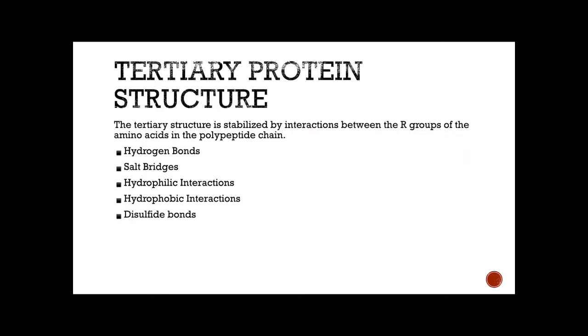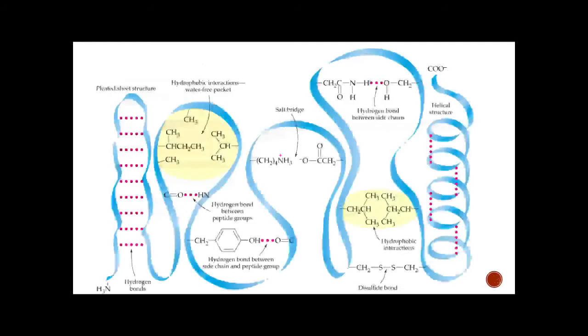These are the ones we're going to look at: hydrogen bonds, salt bridges, hydrophilic interactions, hydrophobic interactions, and disulfide bonds. Again, the tertiary structure is stabilized by all of these interactions between the R groups. This picture here shows all of the interactions that we're going to talk about.